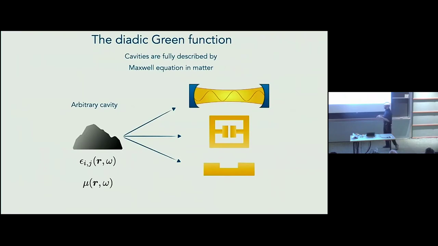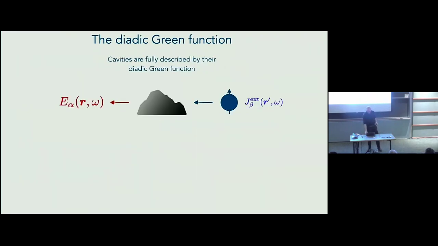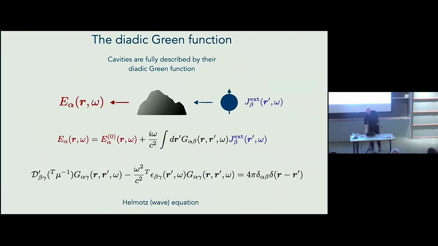Once you have these two, you write down the Maxwell equations in matter, and you can characterize everything with this dyadic Green function. So once you have a dipole, a current oscillating, this will excite your cavity and will produce an electric field. And this is in linear response.